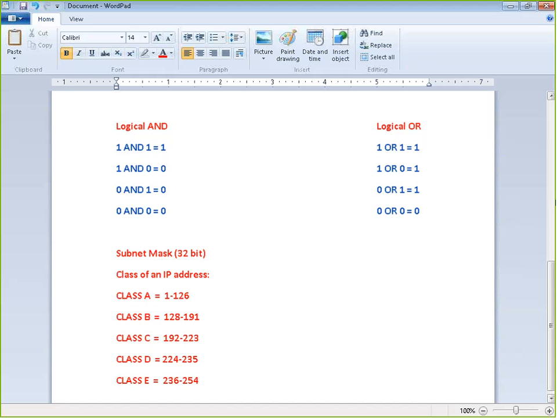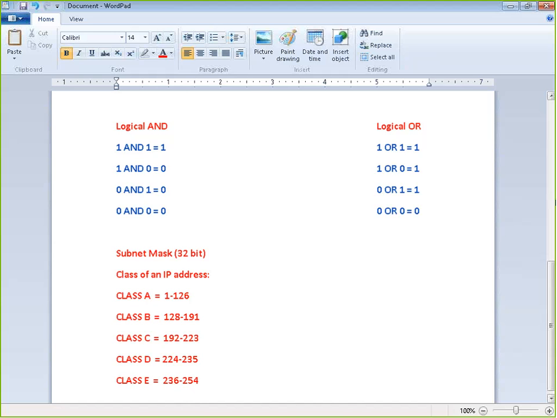Sorry, that's the range of values that we can have on the individual octet. Whenever I look at the first octet of an IP address, that's how I know the class.